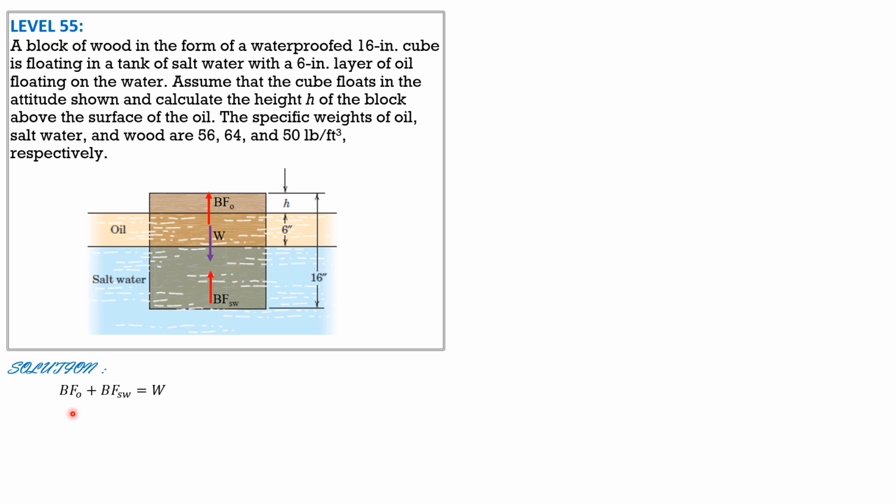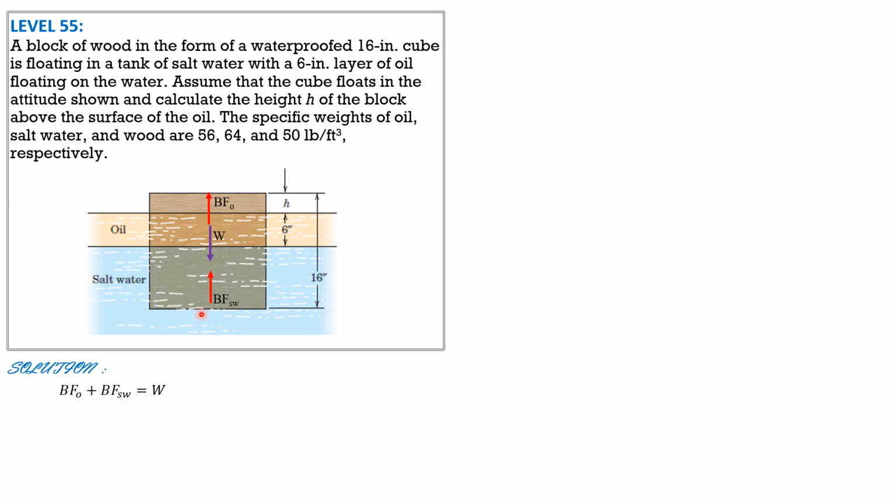The buoyant force due to oil is equal to the specific weight of oil, which is in this case 56 pounds per cubic foot, times the volume submerged in oil, which is area times 6 inches. We don't need to convert 6 inches to feet, because we will use the height of each part in inches also.